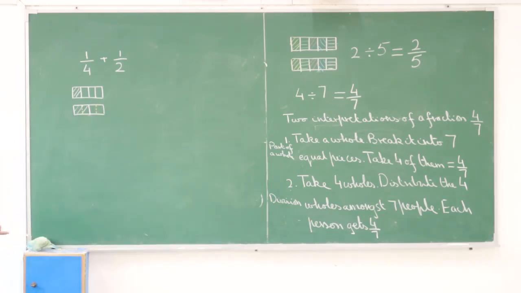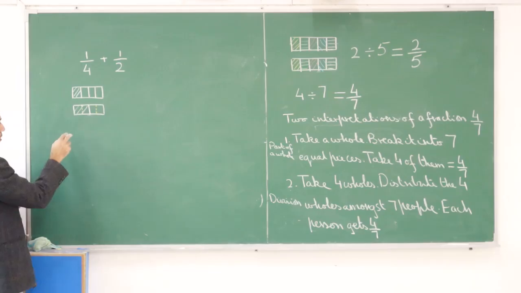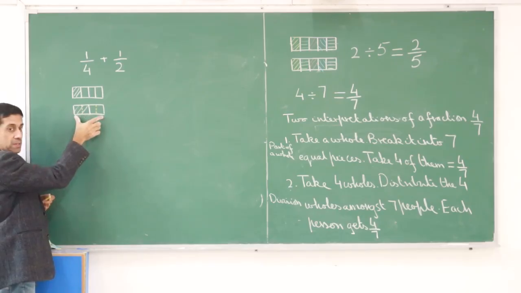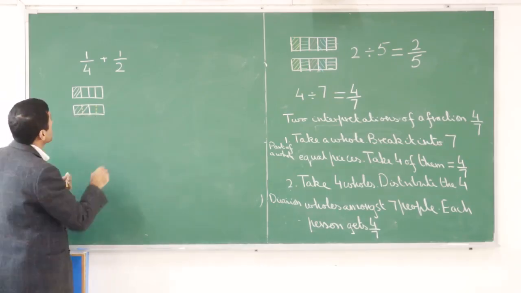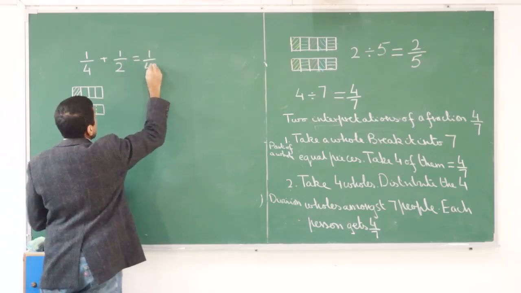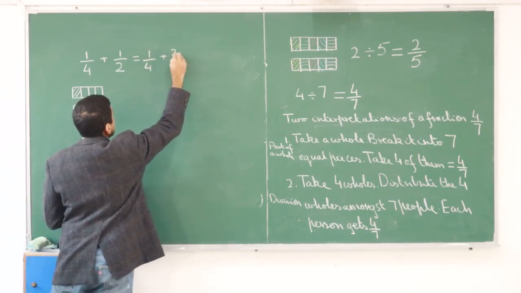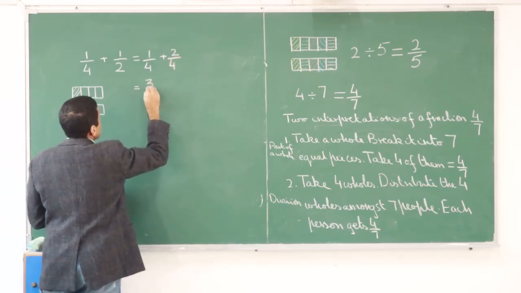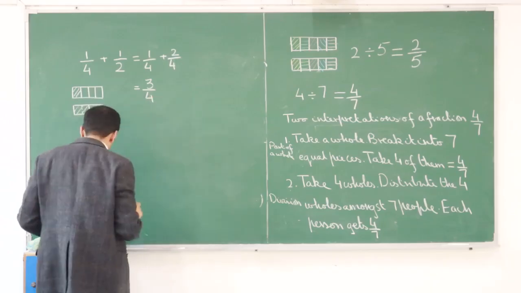Once I break it up into 4 equal pieces, this half is the same as 2 out of 4 pieces. So a fourth plus a half now becomes a fourth plus 2/4, and that I know how to do. It's just equal to 3/4.